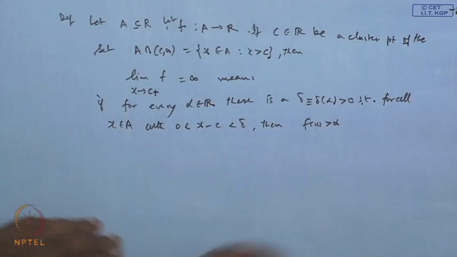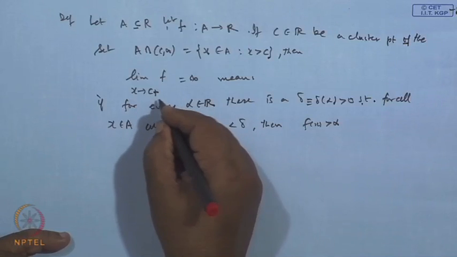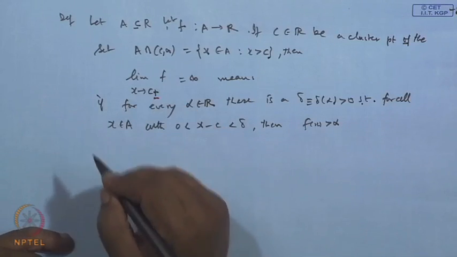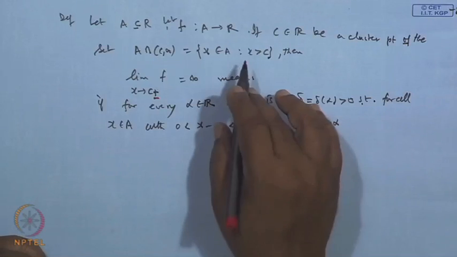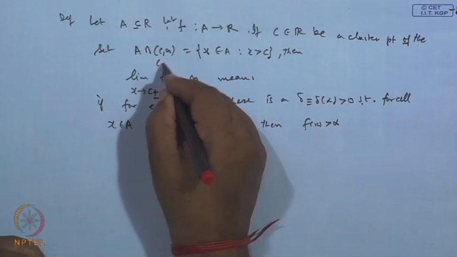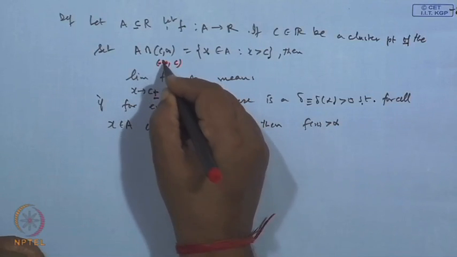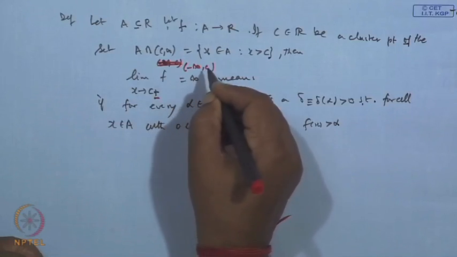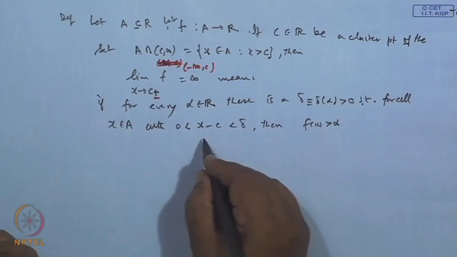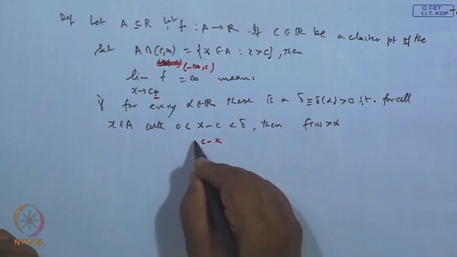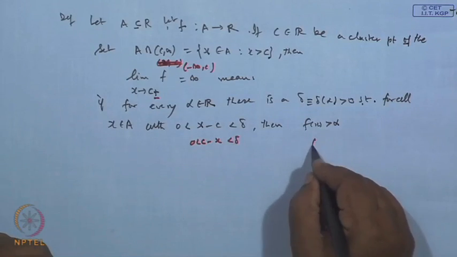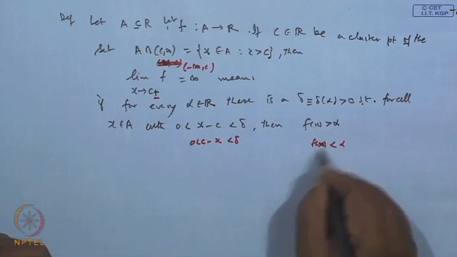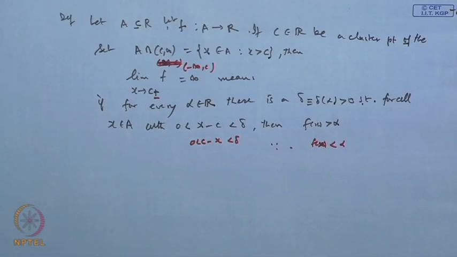Similarly, when it is the negative side, what changes is the corresponding set, which will be (minus infinity, c), and the condition becomes 0 less than c minus x less than delta, then f(x) is less than alpha. So, similarly the changes will be like this accordingly. We are not giving that.